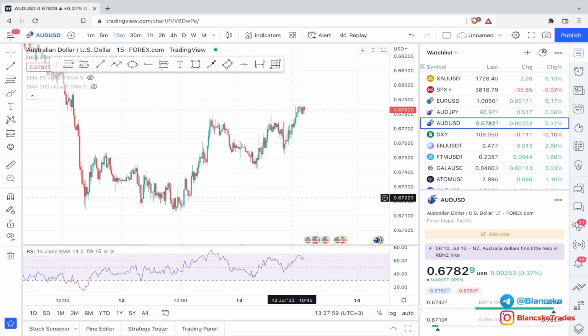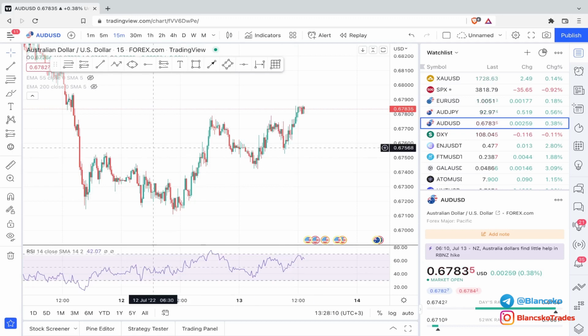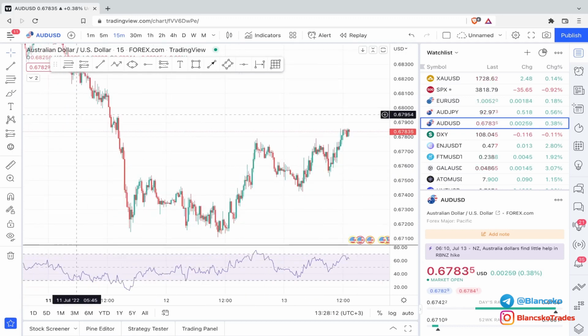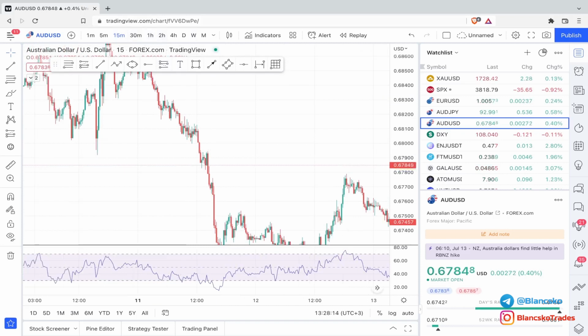After that, you're set. With the help of the RSI, you will be able to identify hidden bullish and hidden bearish divergences. Let me scroll through the chart. You can spot hidden divergences on every single time frame. It's not only on the M15, as a disclaimer.